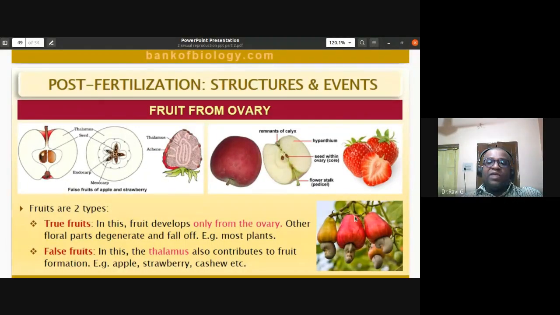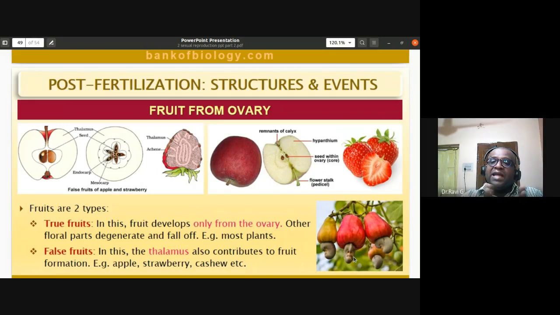So it is the genuine fruit, it is a little irritating. So when you consume this fleshy thalamus of cashew nut, most of the time you feel like scratching your throat, isn't it? They cause that irritating sensation because of the milky latex. What you find outside the hard wall is the fruit wall.